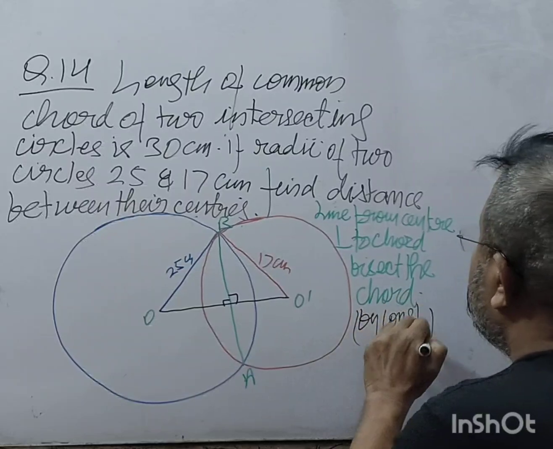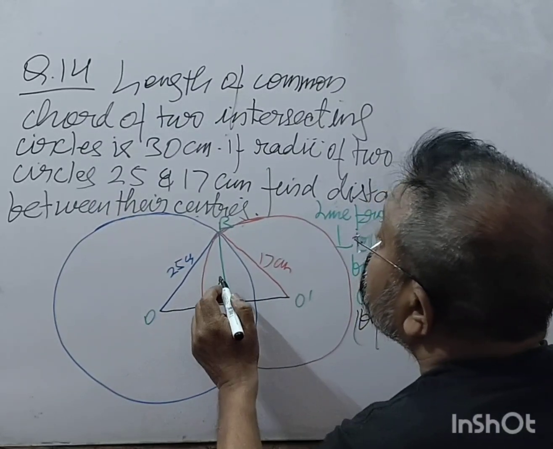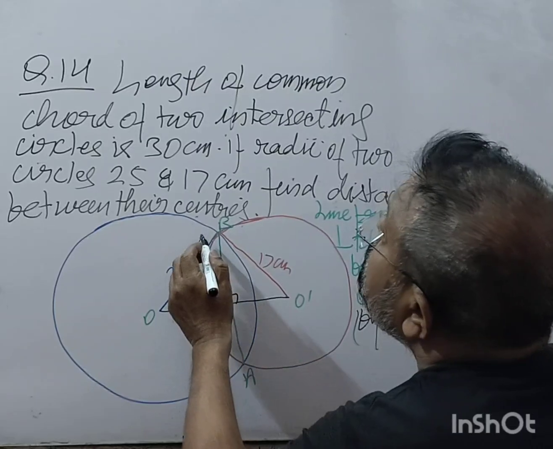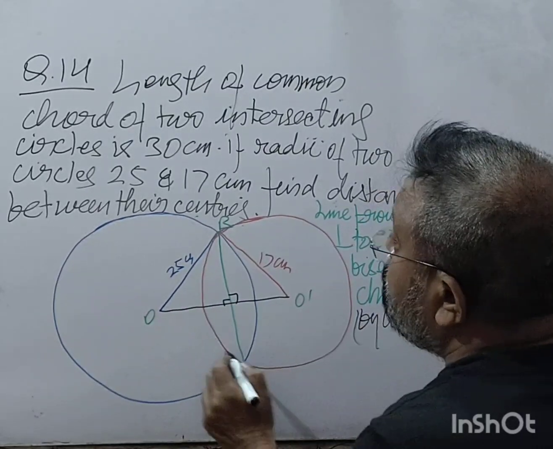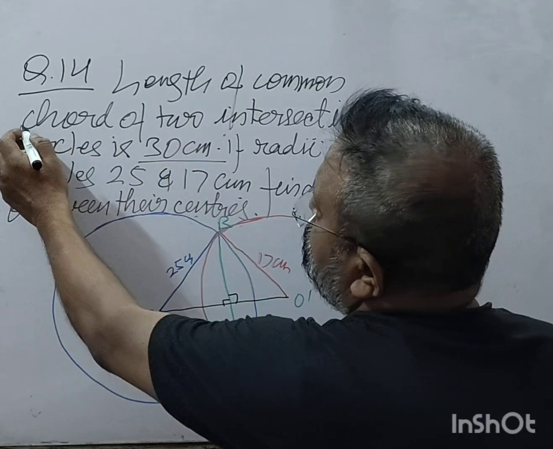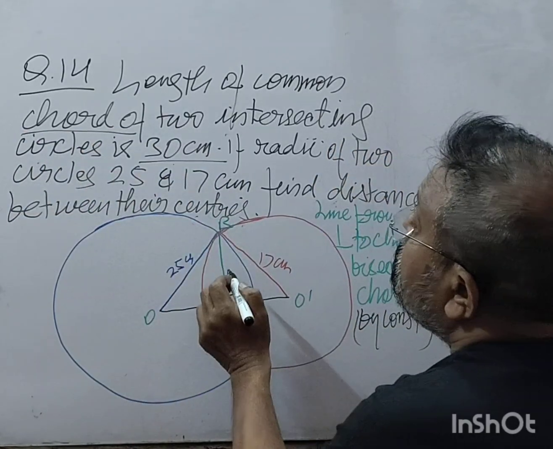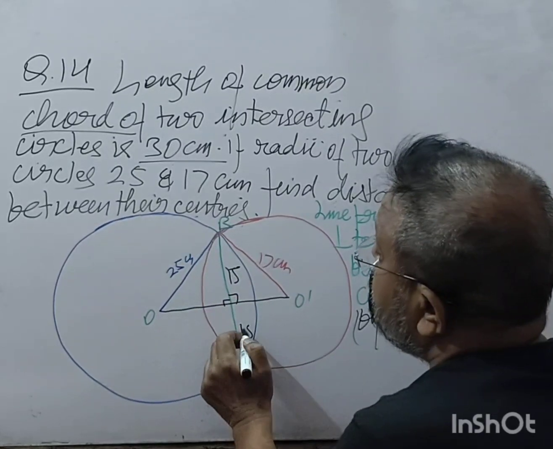Right? Now the total length of the chord is 30 centimeter. So half of that is 15 and 15.